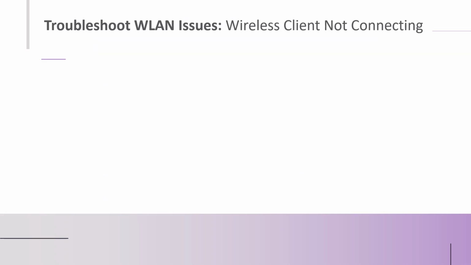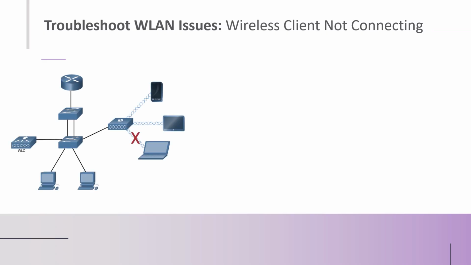So when we troubleshoot a wireless LAN, a process of elimination is recommended. Here we have a figure where a wireless client is not connecting to the wireless LAN. So we need to know if there is no connectivity at all, or if the PC is operational but the wireless connection is performing poorly.